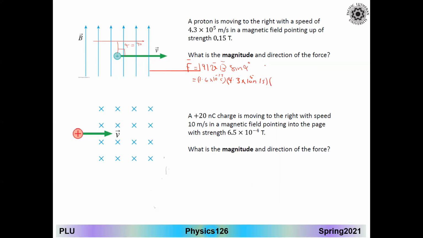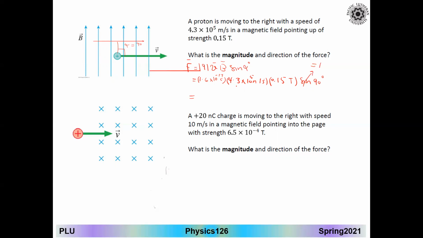And the last part is the magnetic field, 115 Tesla, times sine 90 degrees. Sine 90 degrees is 1, so just make sure this equals 1.